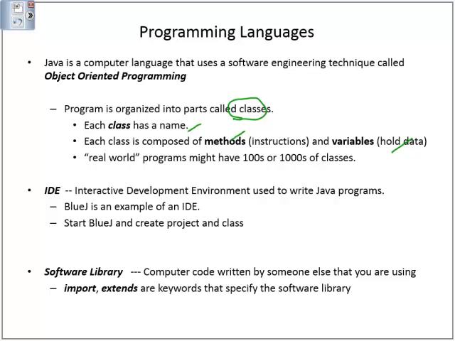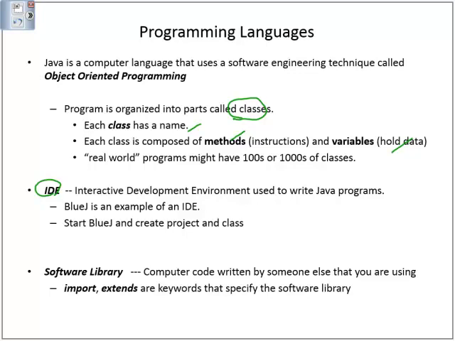Another word that programmers talk about, and as you browse through Chapter 1 you'll see it, is this acronym here called IDE. IDE stands for Interactive Development Environment. The thing that we'll be using in this class is called BlueJ. BlueJ is an example of an interactive development environment.